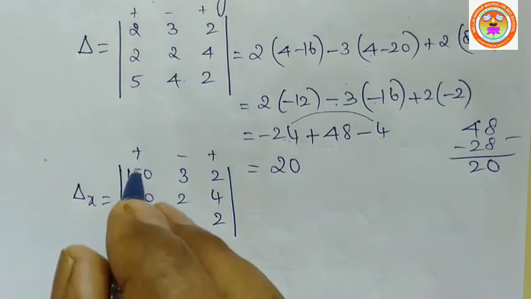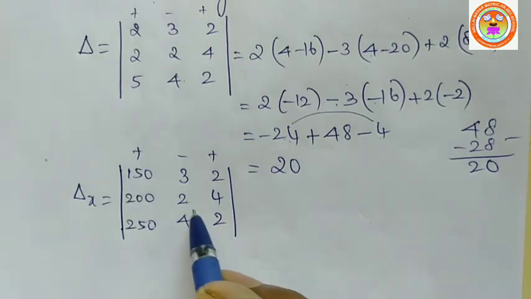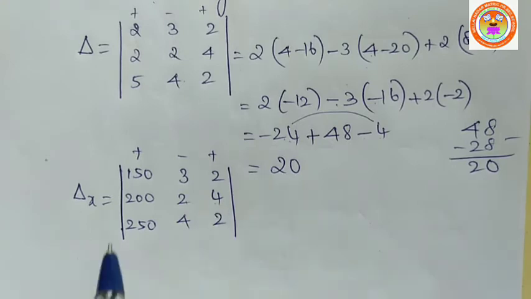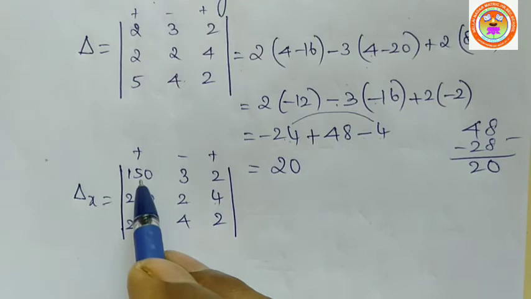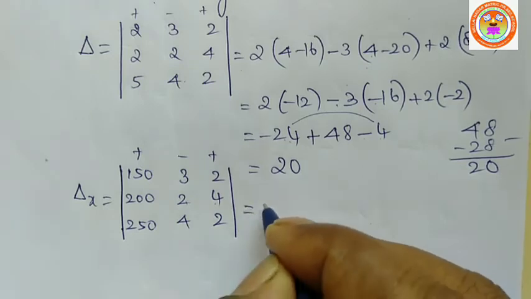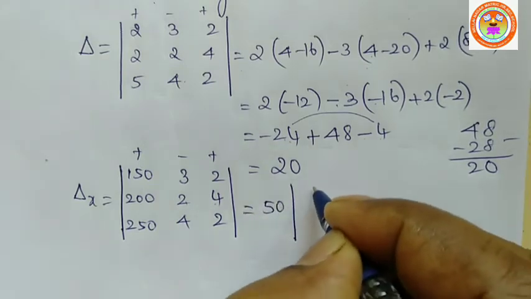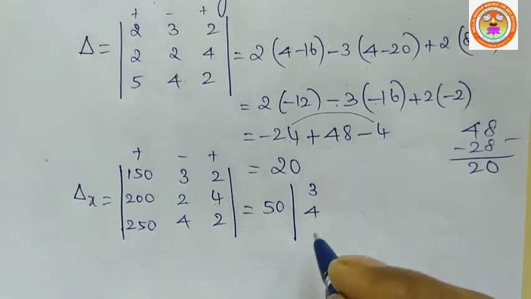see, 150 into 4 minus 6, that is a very big number, no? So what we can do is, see here, 50 is common, right? If we take 50 outside, it will become 3 50s are 150, 4 50s are 200, 5 50s are 250.